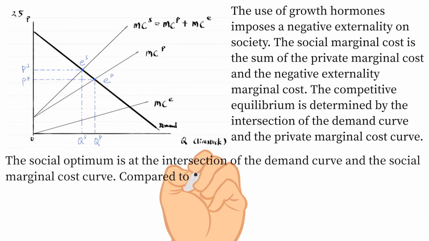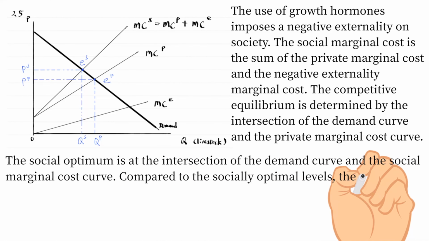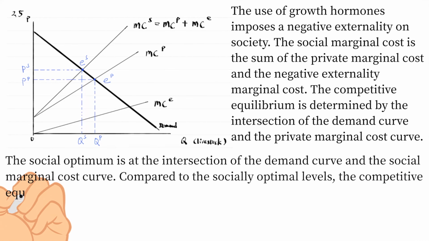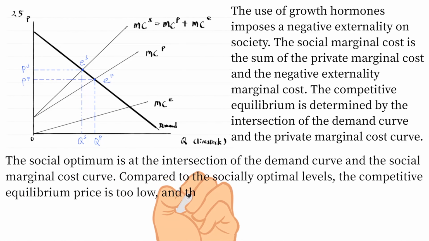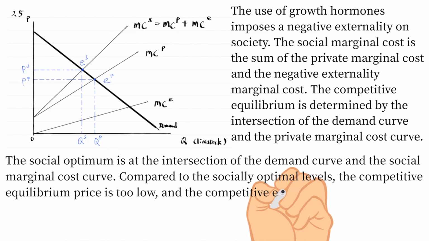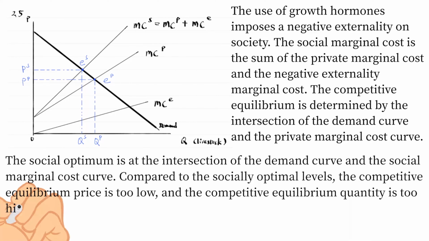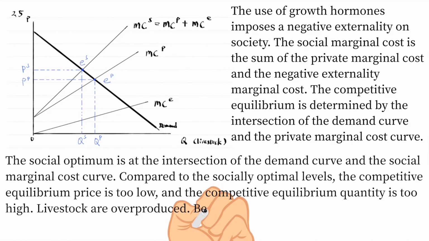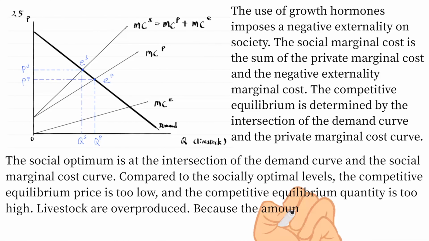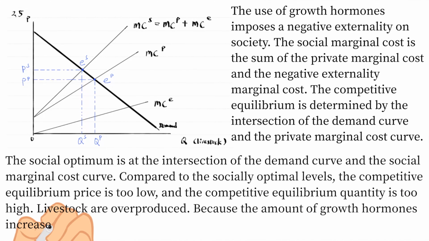Compared to the socially optimal levels, the competitive equilibrium price is too low and the competitive equilibrium quantity is too high. Livestock are overproduced because the amount of growth hormones increases with the quantity of livestock.